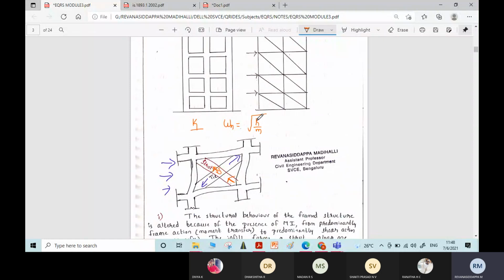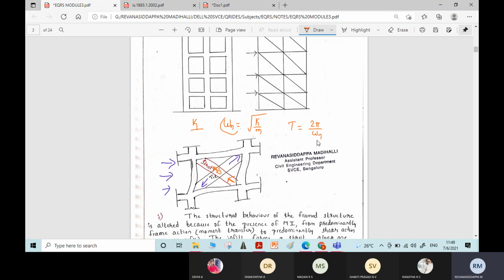If the stiffness increases, what about the natural frequency? Natural frequency will increase because they are directly proportional. If natural frequency increases, what about the time period? Time period will decrease, correct? Because the natural frequency and time period are inversely proportional to each other.